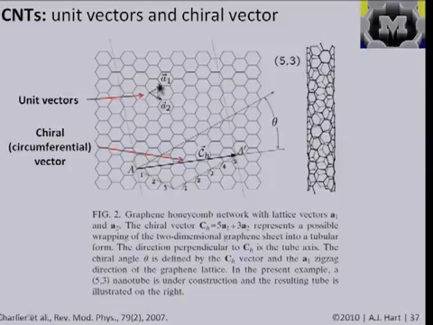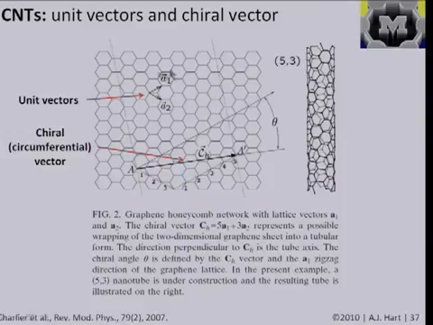On the hexagonal plane, we define two unit vectors, A1 and A2, and we consider each carbon nanotube as a linear combination of those vectors. So loosely, I'm going to call each nanotube a crystal, and we're going to call each specific orientation or rolling of the sheet into the nanotube a different crystal orientation, or a different specific crystal structure.